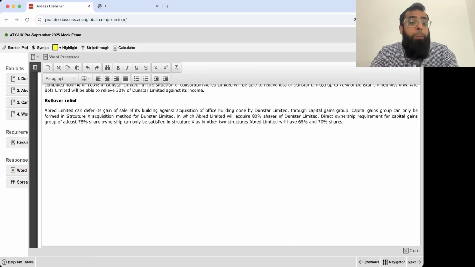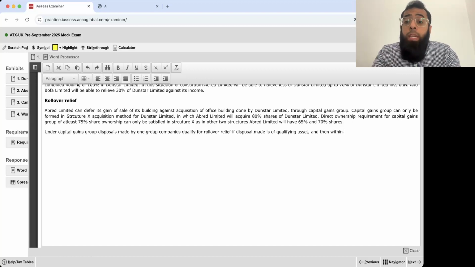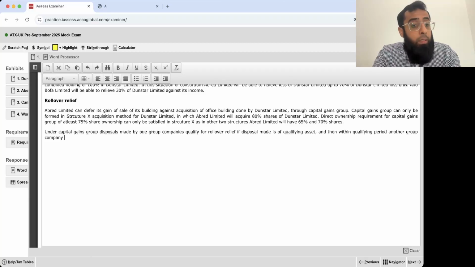Now let's move forward. Under a capital gains group, disposals made by one group company qualify for rollover relief if the disposal made is of a qualifying asset and then, within the qualifying period, another group company invests the proceeds in a qualifying asset.